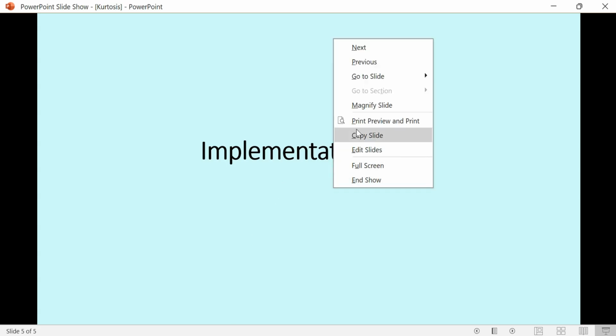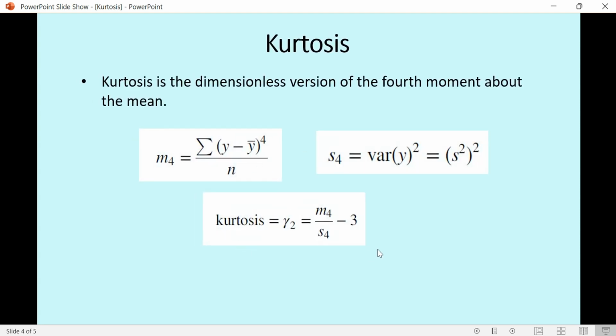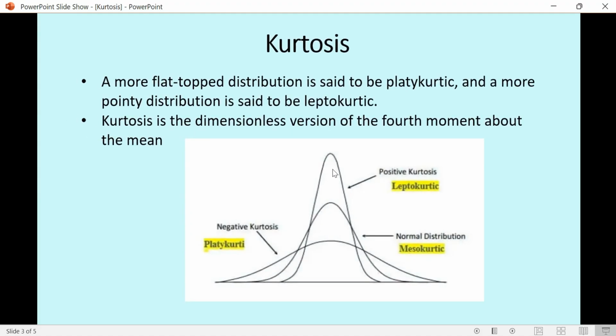We look at this calculation again. In kurtosis, the division of these two minus 3, if this value is around 0, very close to 0, it means no kurtosis. If this value is larger than 0, this is positive kurtosis. Positive kurtosis means the data has a peaky shape.